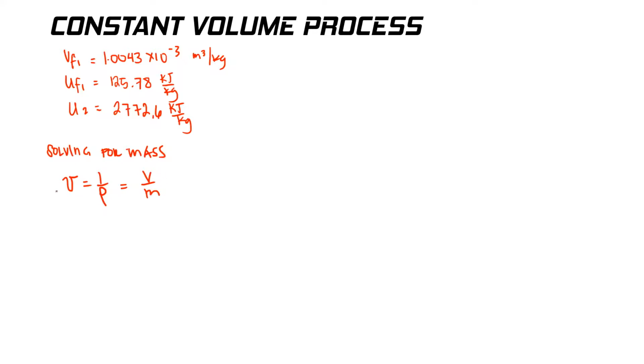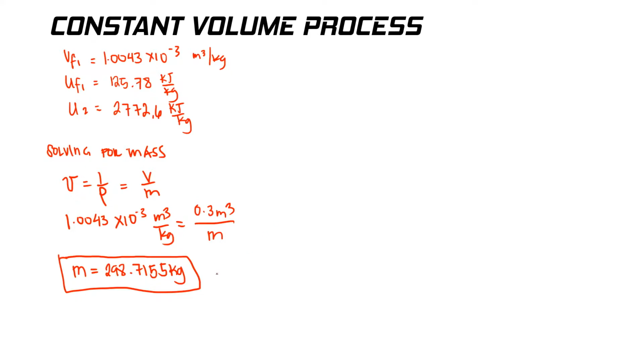Using this equation, we have 1.0043 times 10 raised to negative 3 cubic meters per kilogram equals the volume, which is given as 0.3 cubic meters, all over our mass. Our mass now will be 298.7155 kilograms.